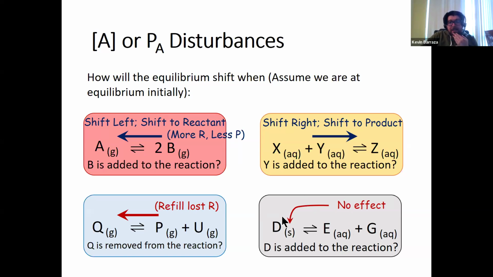If enough has been added, we could actually see solid reform in that case. So yes, we would see a shift if we added more E or G to this beaker. But we would not see anything happen to the concentrations if we added more D to the container. Good questions. Keep them coming.